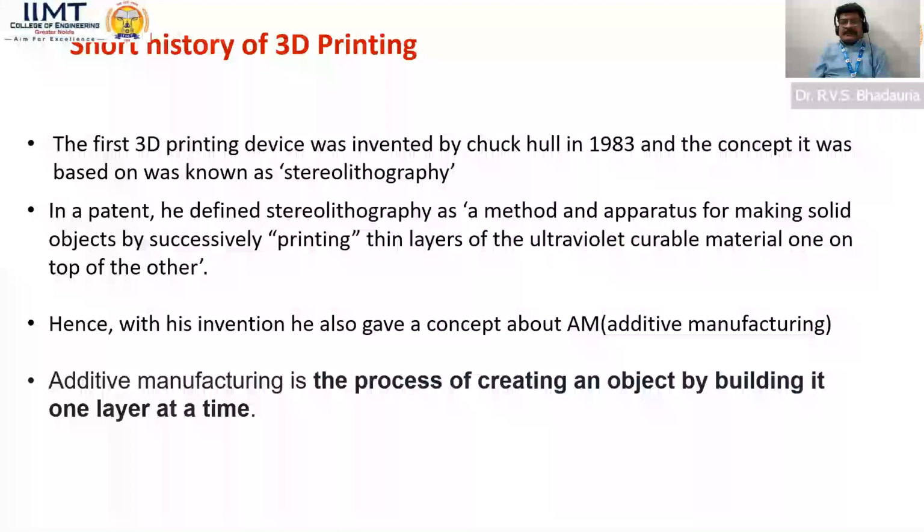The process he used is stereolithography, whose abbreviation is SL. In a patent, he defined SL as a method and approach for making solid objects by successively printing thin layers of UV curable material, one on top of the other.